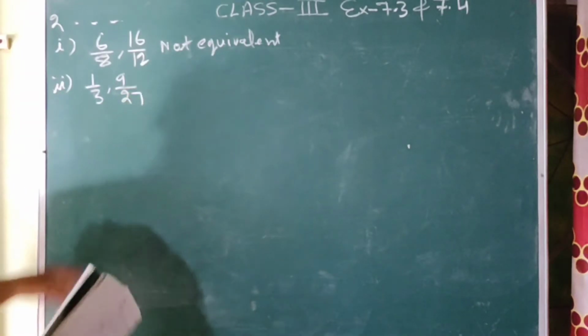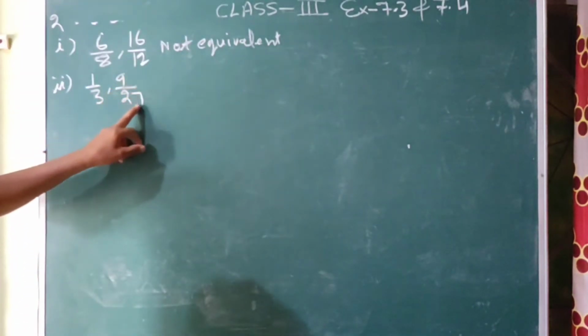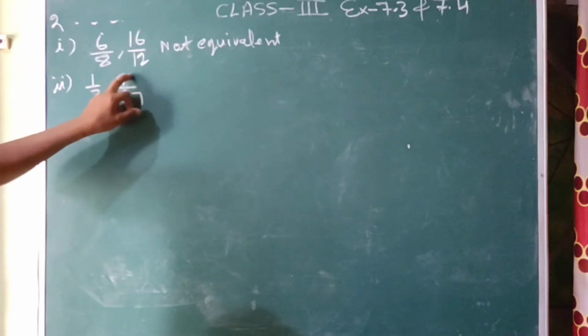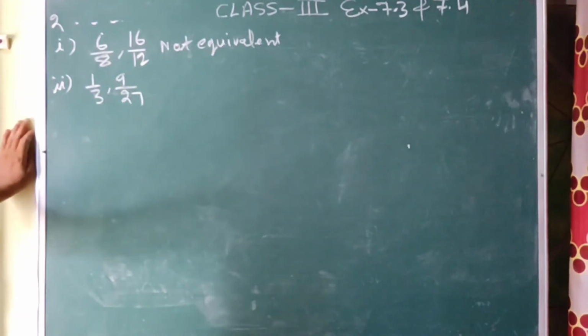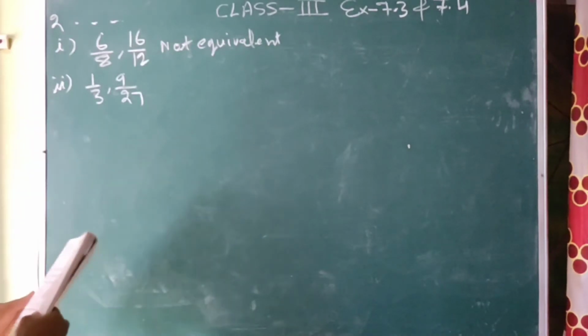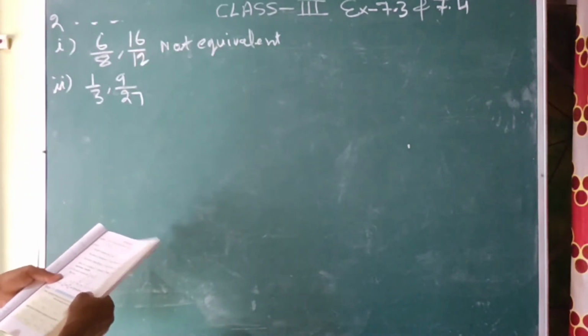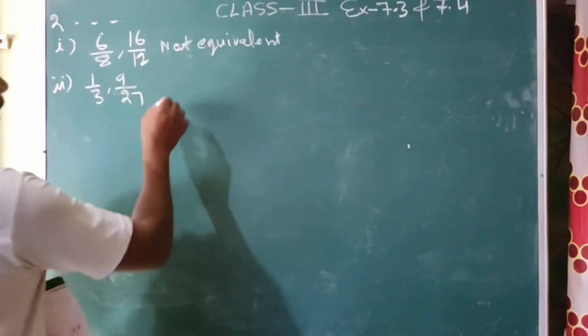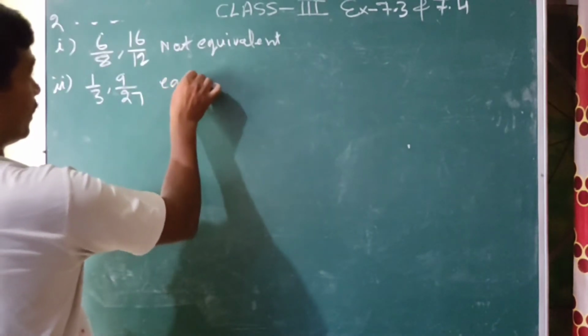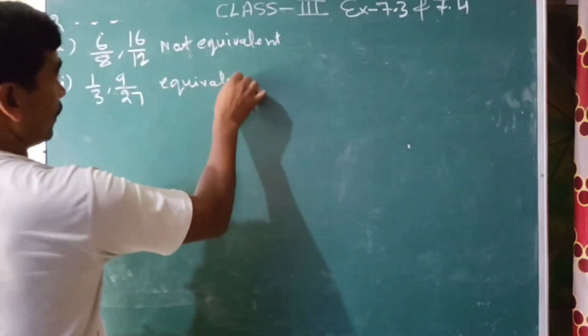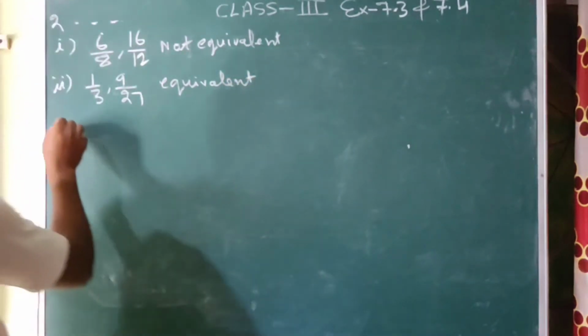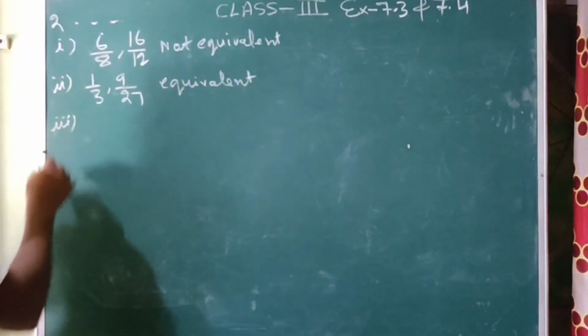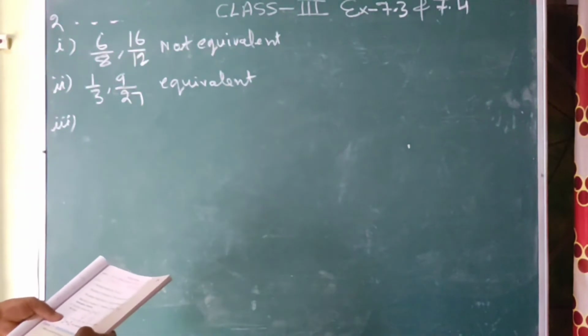That means 9 1 ja 9, 9 3 is 27. It means the table of 9 is coming to 27. So that is equivalent. So that will be right: equivalent.